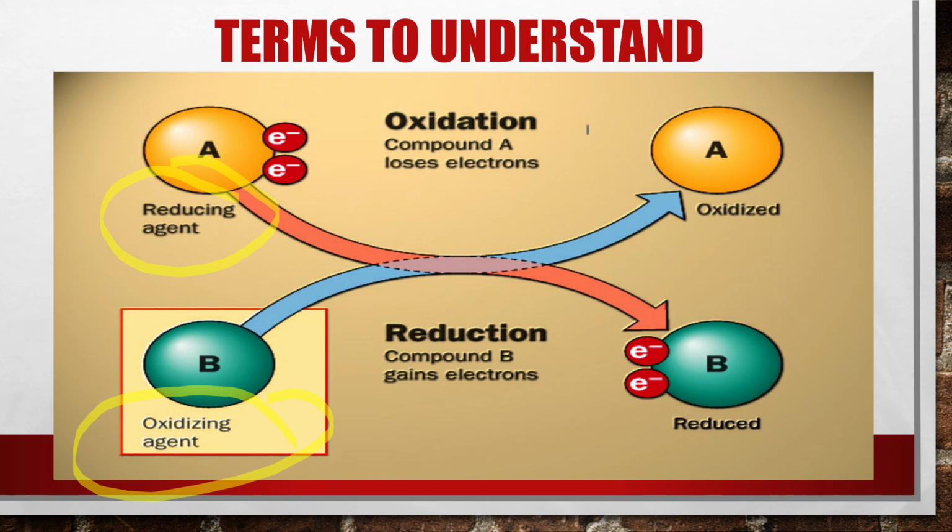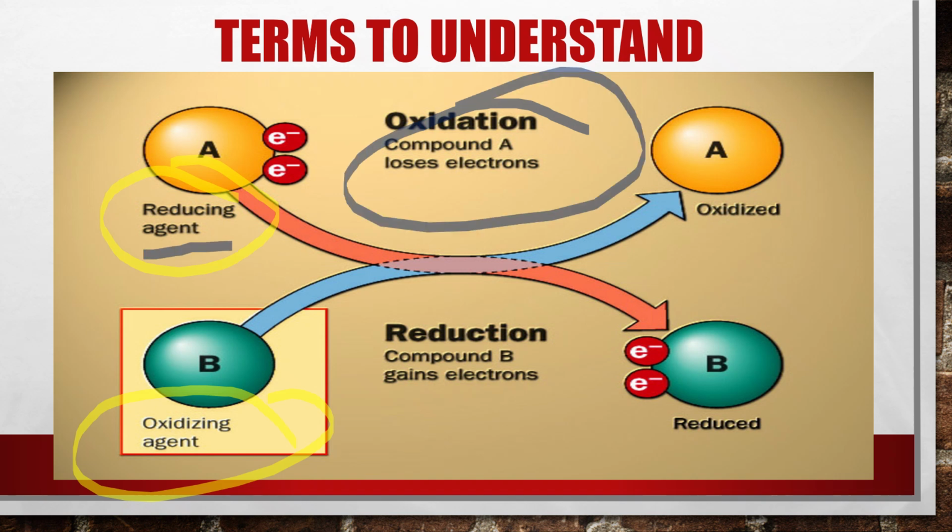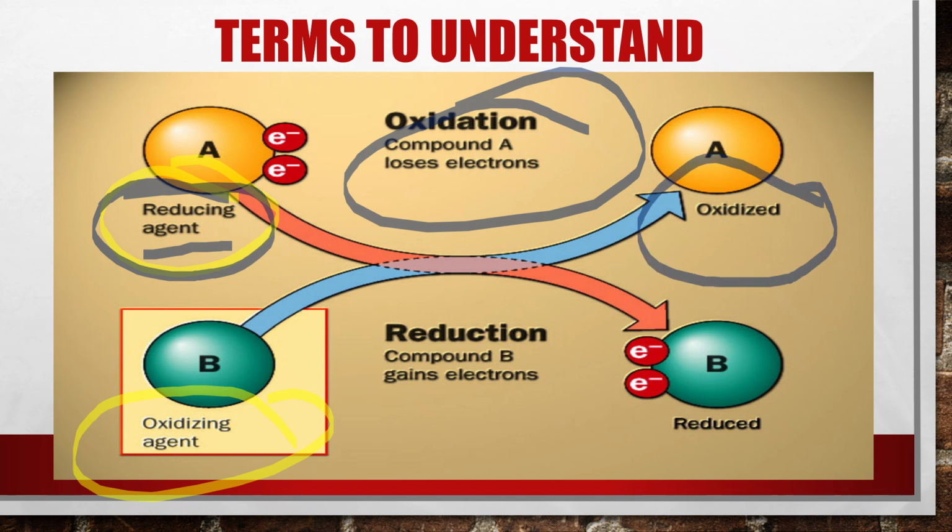Wherever oxidation is there, the substance that loses electrons is known as reducing agent. They are completely the opposite of their names. So don't get confused. You have to understand the concept that whatever compound loses electrons is called reducing agent. Okay, and it is getting oxidized, right?